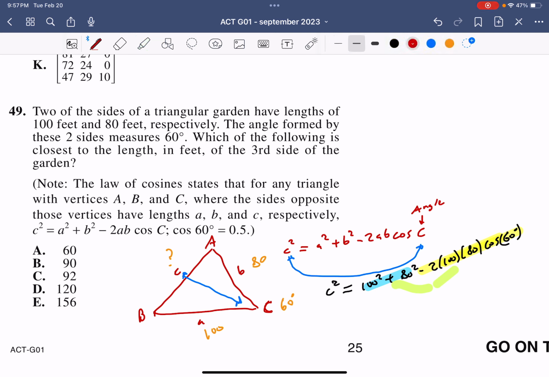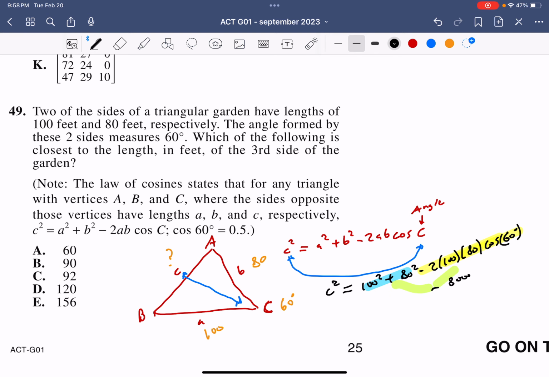So let's do the part in yellow first. 2 times 100 times 80 times the cosine of 60 gives me 8,000. So this is minus 8,000.